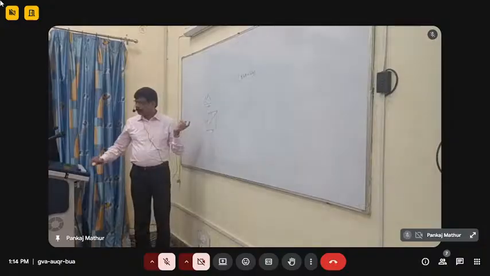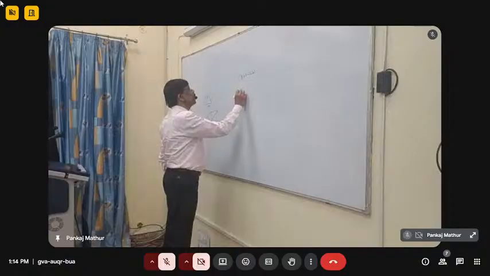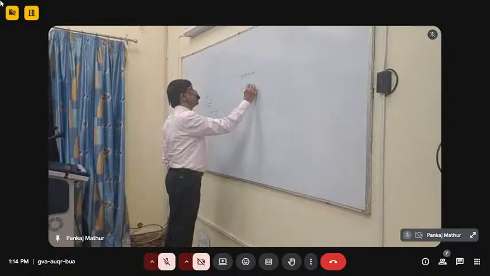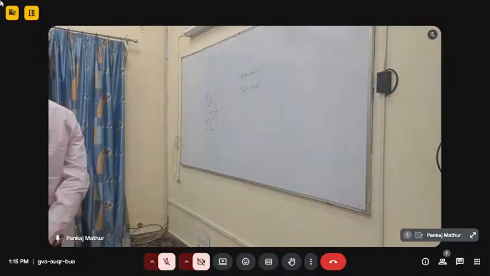A similar result was proved by Galileo, 1564 to 1642. He also proved the same thing. So prior to the invention of the vector concept, about two centuries before, these two scientists developed the sum or addition of two vectors. How it is possible, I do not know. The vector concept had not come at that time.